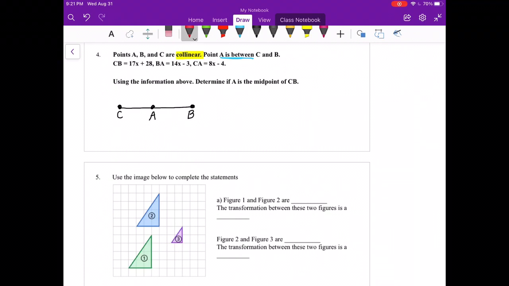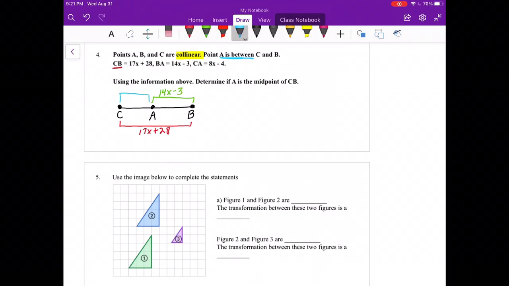Now that we know that, we're going to look at the information that they gave us. They tell us CB, from here to here, has the equation 17x plus 28. We're going to do the same thing for BA. BA is the distance from point B to point A, which has a length 14x minus 3.